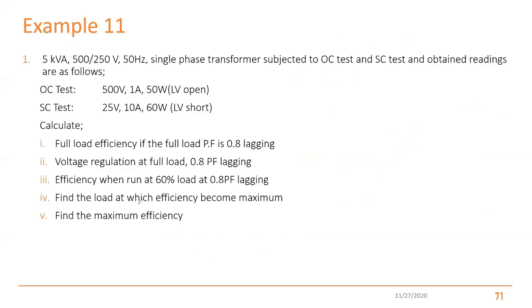Then the last part is to find the maximum efficiency. The maximum can be calculated again using the earlier equation. We found I as 9.128, and as a fraction of full load, you have to divide that by 10. So the fraction x becomes 0.9128.